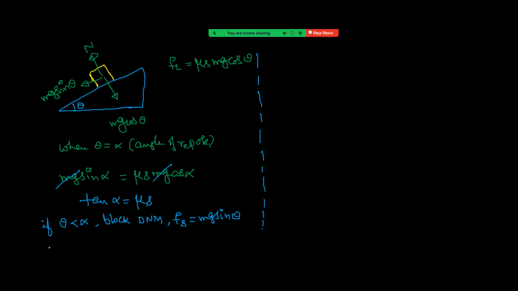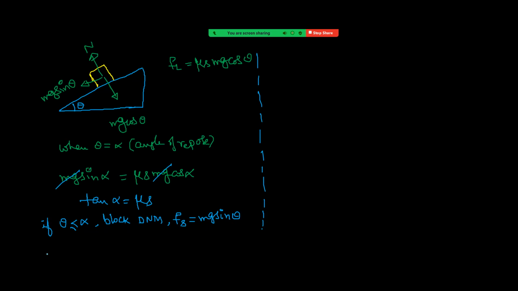Next, when theta equals alpha, the block is about to move. That means I can take the equal sign in this case also. Equal to means about to move. Then also friction is static, which is equal to mg sine theta.